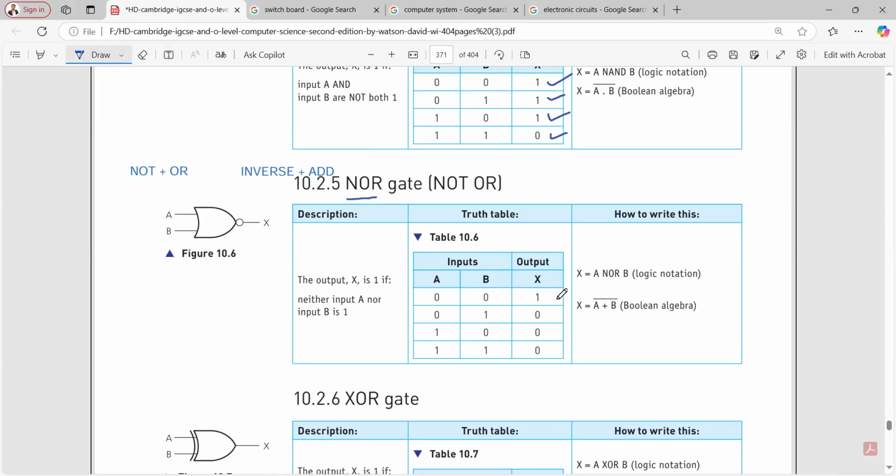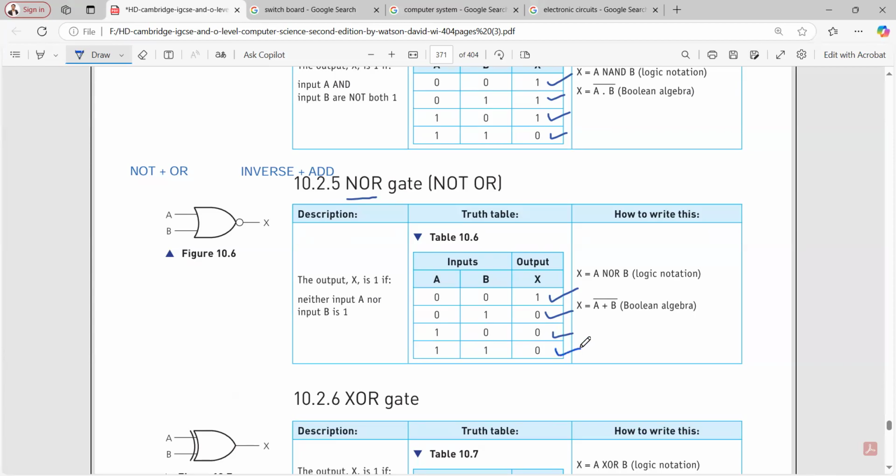0 and 0. If you add them together, what will be the answer? 0, inverse: 1. 0 and 1. What is the addition answer? 1, inverse: 0. 1 and 0. What is the answer? We'll get 1, but inverse: 0. 1 and 1.